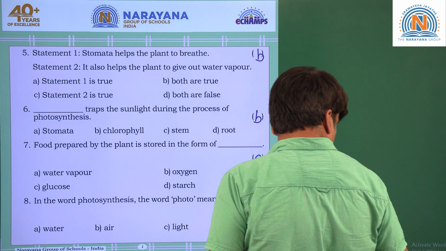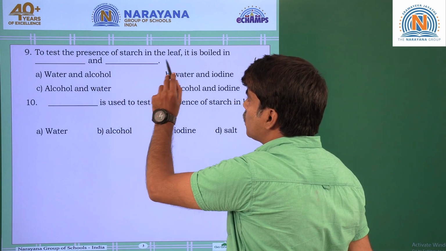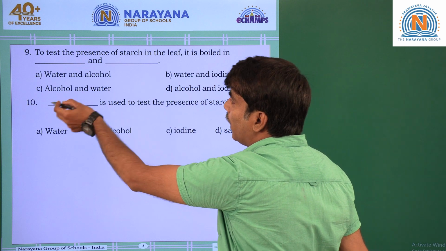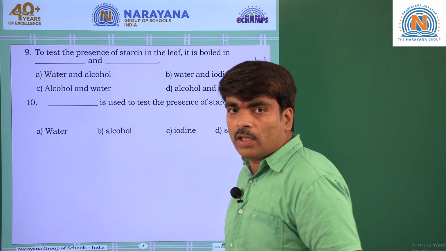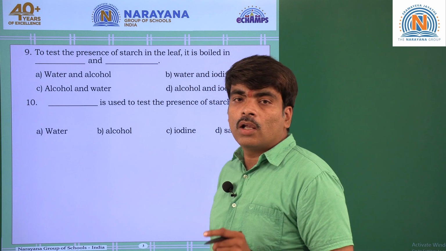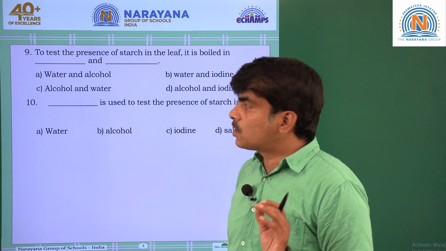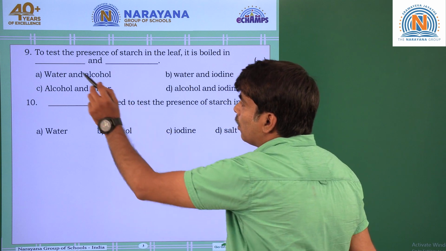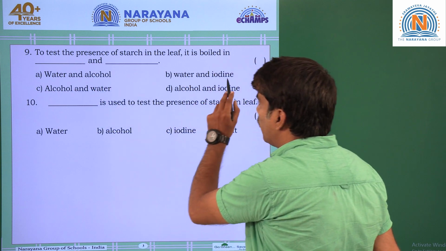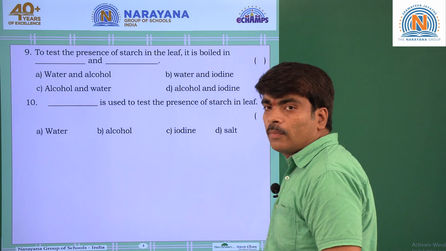Moving on to the next question. Question number 9. To test the presence of starch in the leaf, it is boiled in dash and dash. When we do an activity to test the presence of starch, we take the leaf and boil it in two different liquids. What are they? Let us see the options: water and alcohol, water and iodine, alcohol and water, alcohol and iodine.